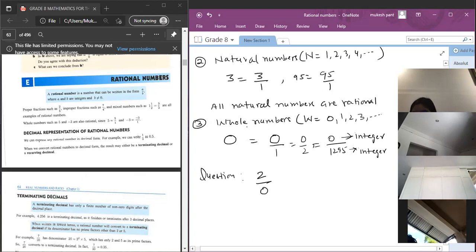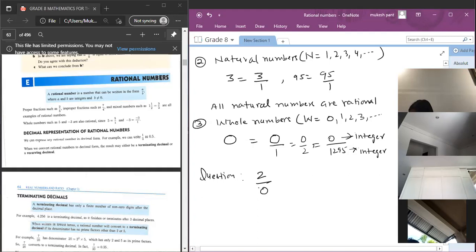Because the denominator is 0. Yeah, very good. Absolutely correct. Denominator should not be 0. We have already seen the definition. The denominator, the lower part, should not be 0, because we cannot divide any number by 0.